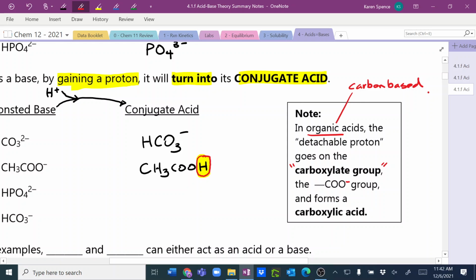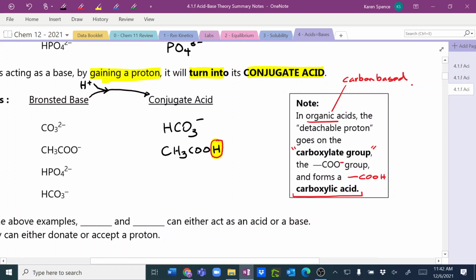And once the hydrogen attaches, it forms COOH, which is known as the carboxylic acid group. However, like I said, most of that is unimportant unless you're taking bio or unless you're going on to chemistry in university, in which case you should be aware of that. Most of them are more straightforward though.